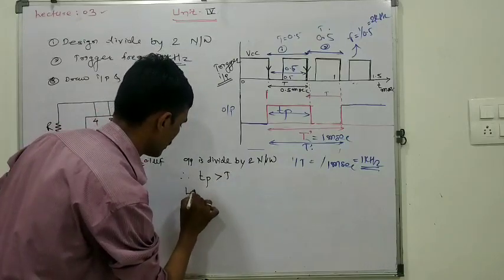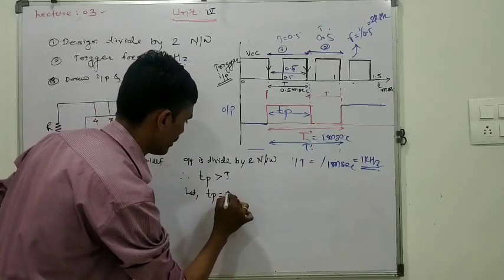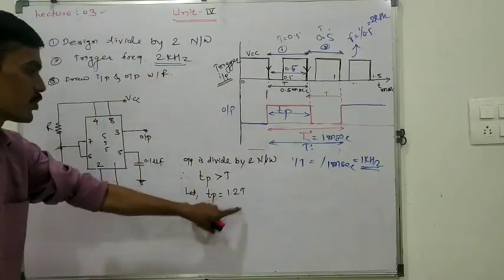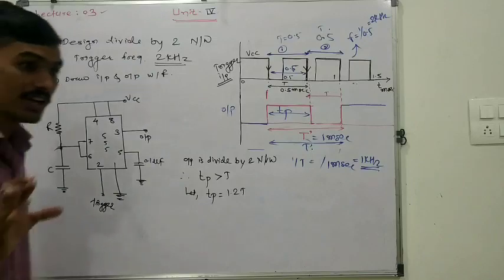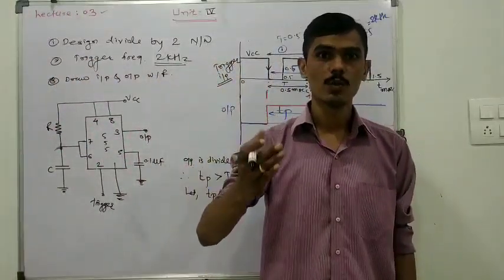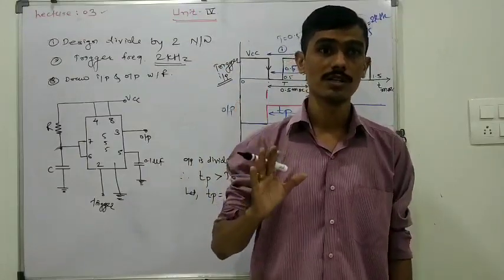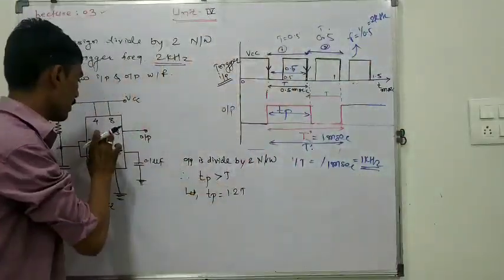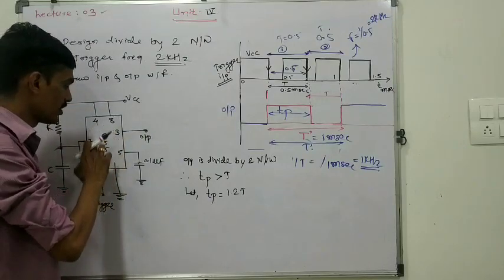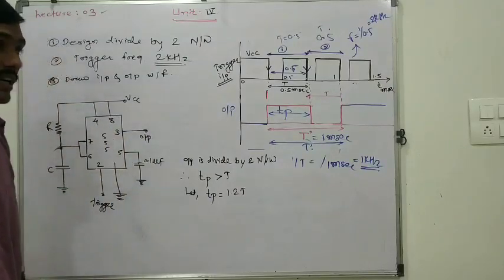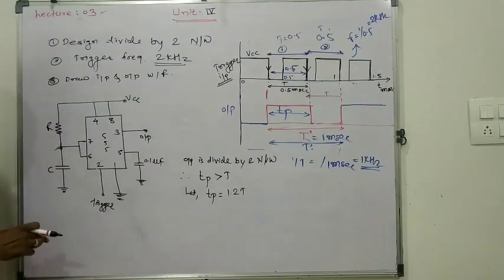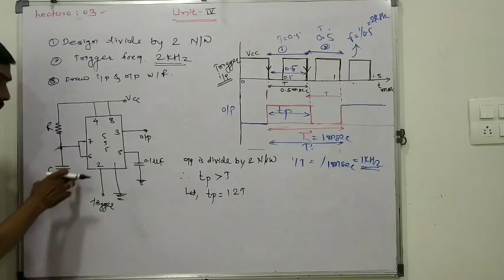So let Tp equal 1.2 T. Here we are assuming Tp equals 1.2 T. You can assume any value, but it must be greater than T and less than twice T. In a problem based on the monostable multivibrator using the 555 IC, we have to design the value of the resistance by assuming the capacitor.